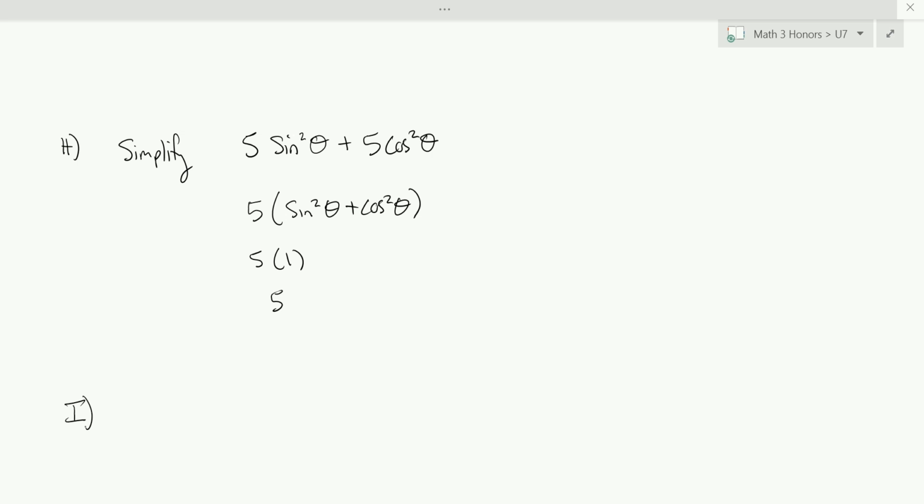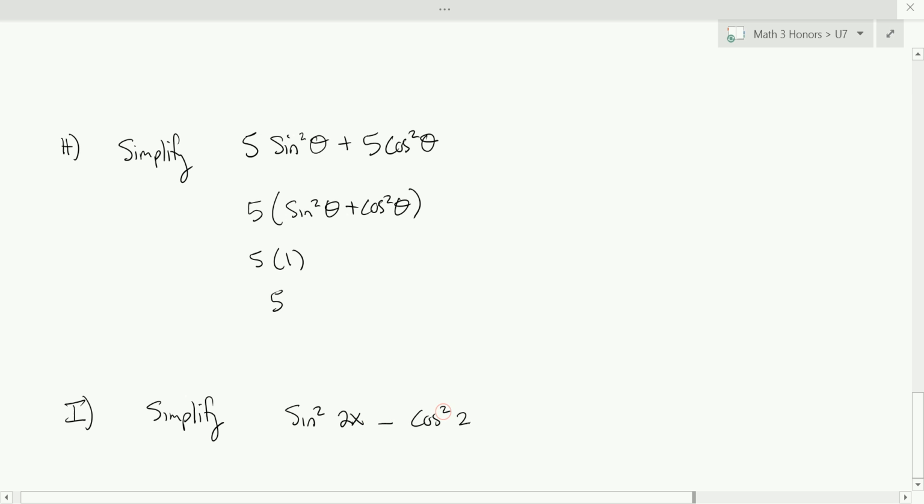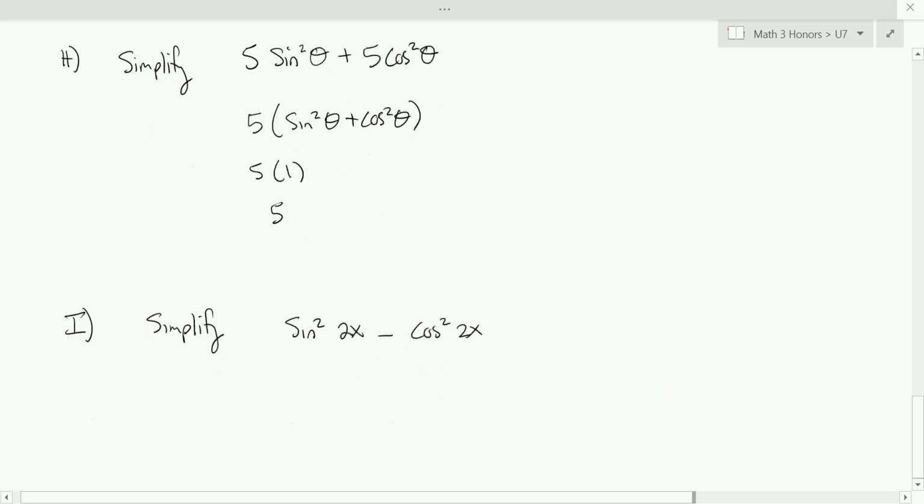Next one, simplify sine squared of 2x minus cosine squared of 2x. But this time, what do we mean by simplify? I want you to get it all in terms of sine.